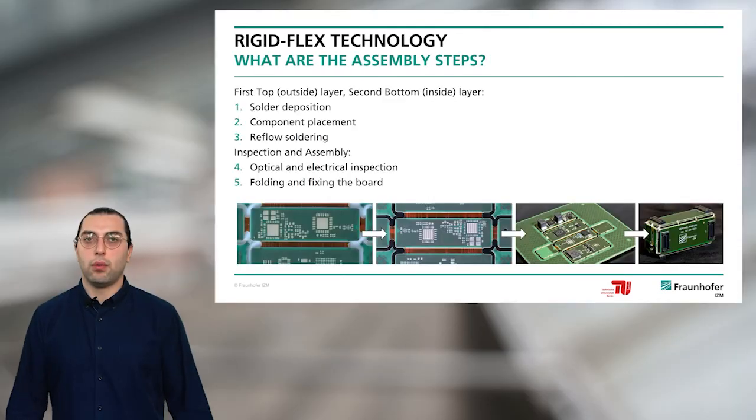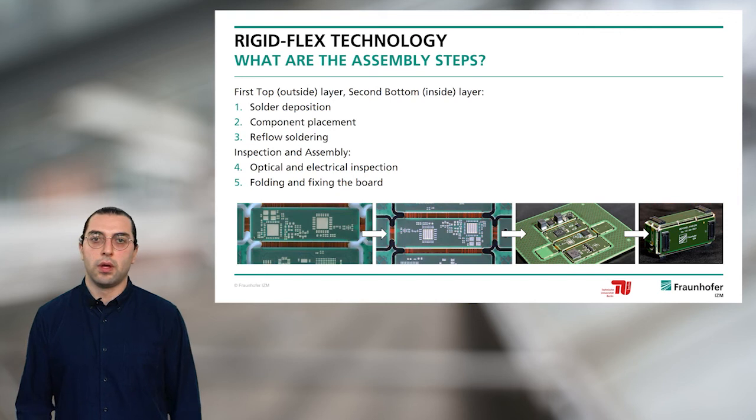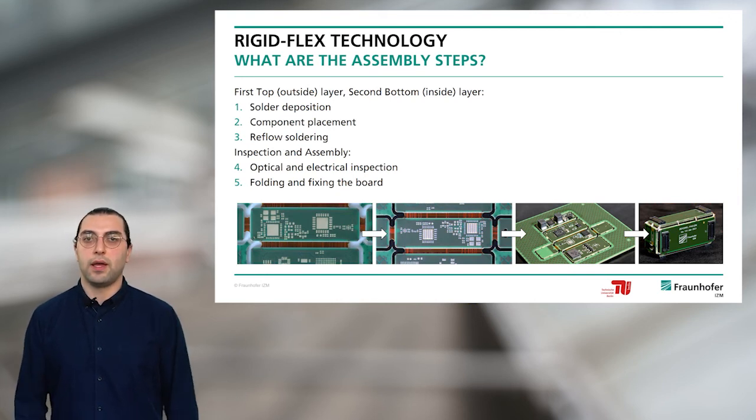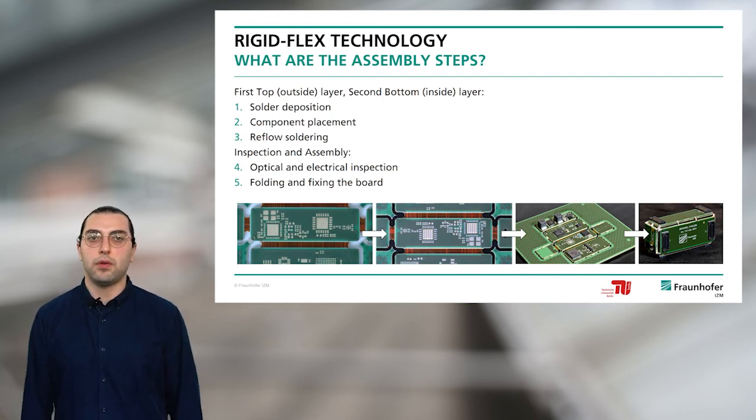Now I will show you the assembly steps. So we start first with the outer layer and then with the inner layer. So we start with the connectors and then with the more complicated footprints and components. And first, on the left side, you can see the PCB as we get it from the manufacturer.